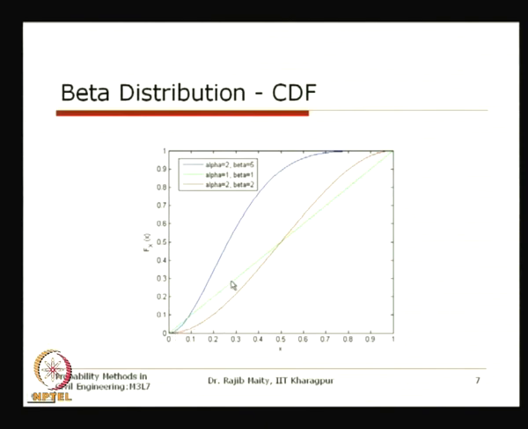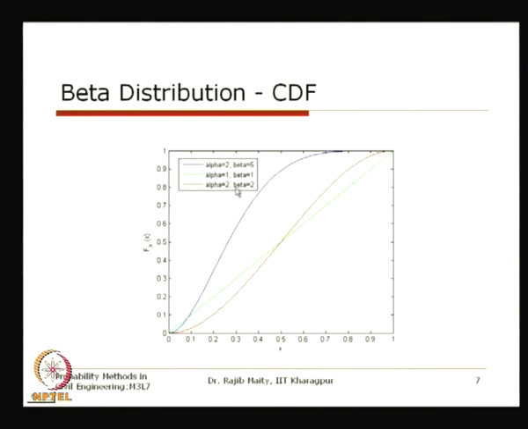So this green line is a straight line starting from 0 and ending at 1. So this is the CDF of the uniform distribution. When alpha equals 2 and beta equals 2, we see that the curve cuts the point exactly at 0.5 when alpha and beta are the same.